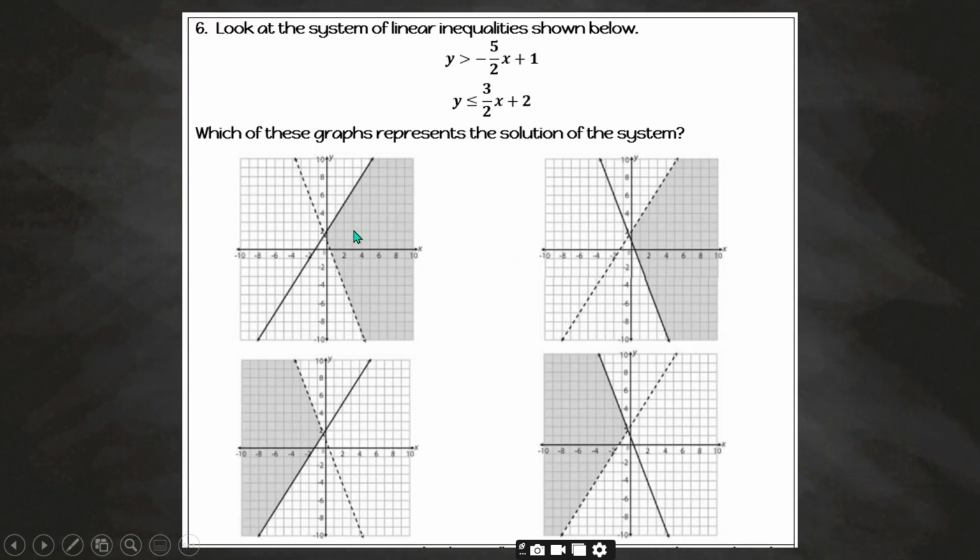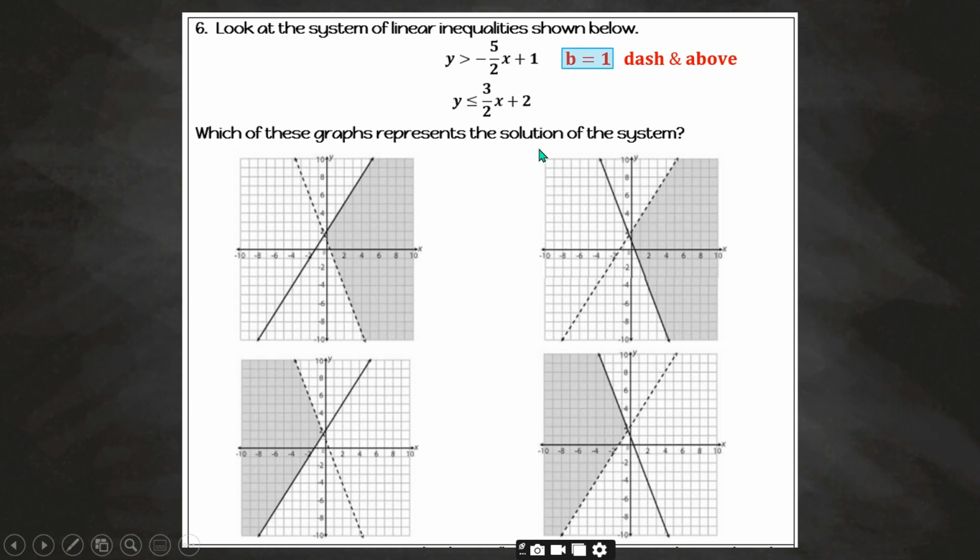All right, moving on to question 6. We have a system of linear inequalities, and we need to graph it and see which one of these 4 graphs matches. So I'm going to look at my y-intercept, and I'm going to look at the type of line that I have. So here, my y-intercept is 1, okay?